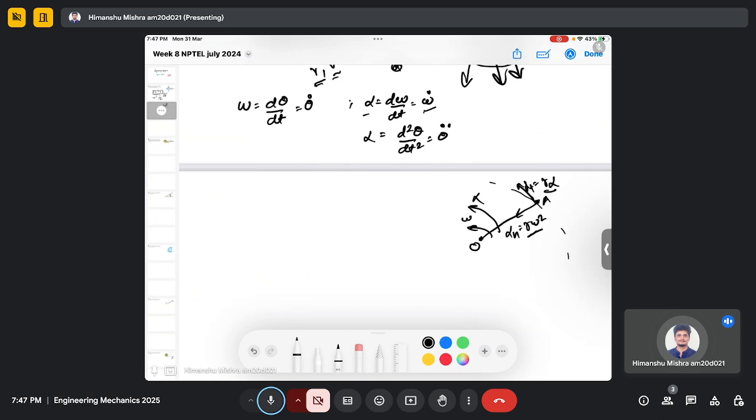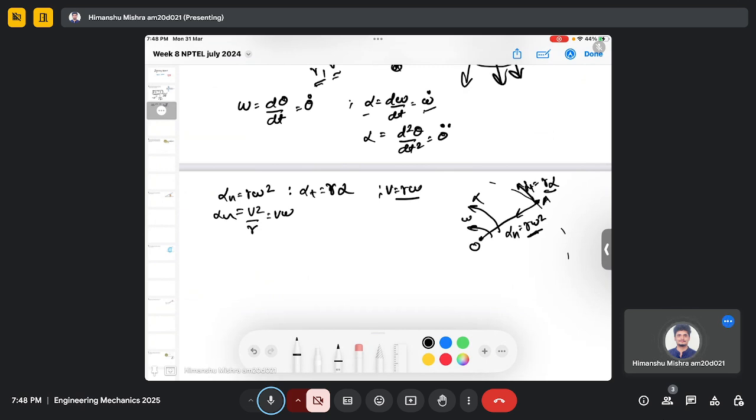So this is the tangential and this is the normal component of alpha. This you can write also as v square by r or v omega and so on. And my velocity will be r omega.